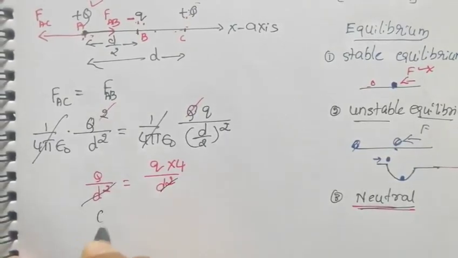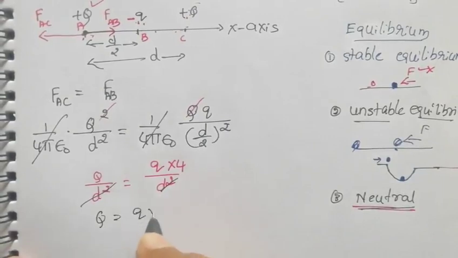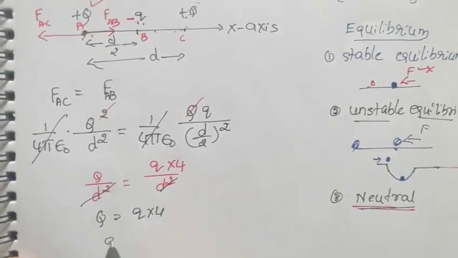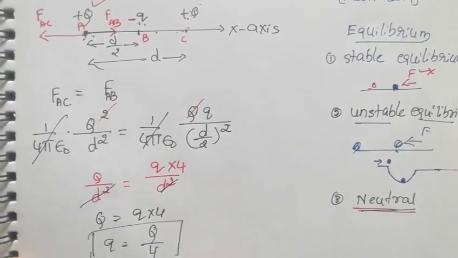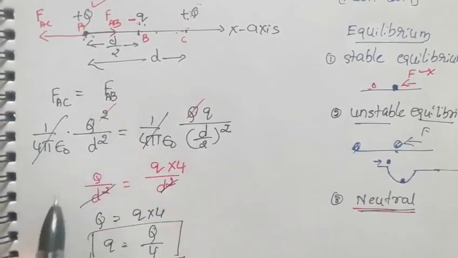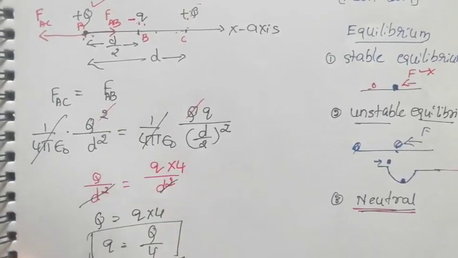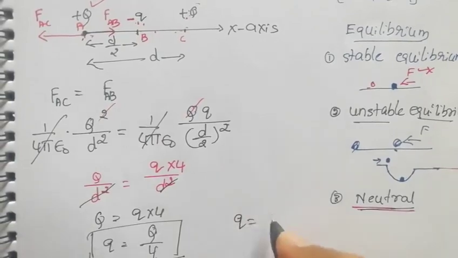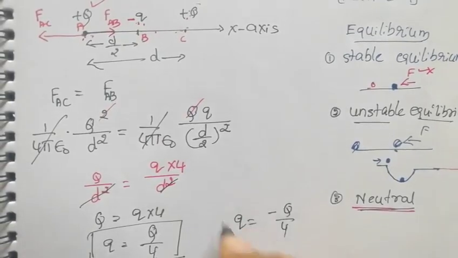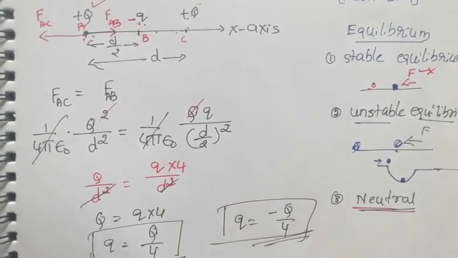So Q must be equal to q into 4, so q must be equal to Q by 4. What type of charge do we need to place? A negative charge, with magnitude Q by 4. So the charge you are going to place is minus Q by 4. This is the answer.